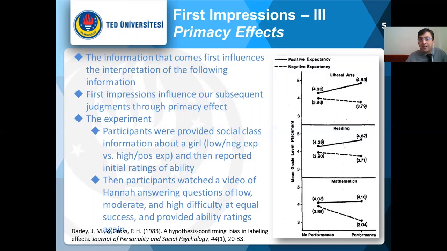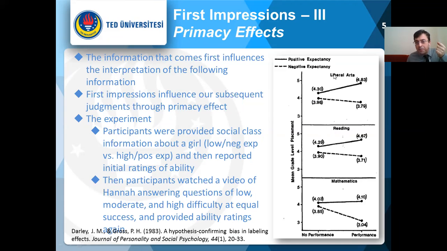So, what's the stereotype? The stereotype is that if people are coming from advantaged groups, they will have better performance or skill levels in the academic domain. But what we observed is that it doesn't work that much because people don't have much time. They simply learn about the socioeconomic status of these groups. And then, after being exposed to socioeconomic status information, they were asked to indicate their judgments, their evaluations about Hannah's academic performance.